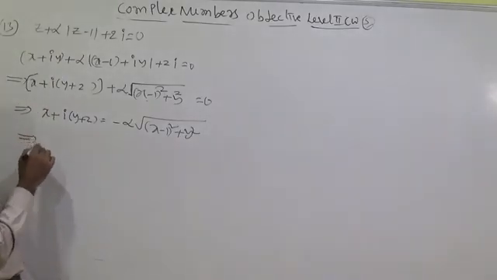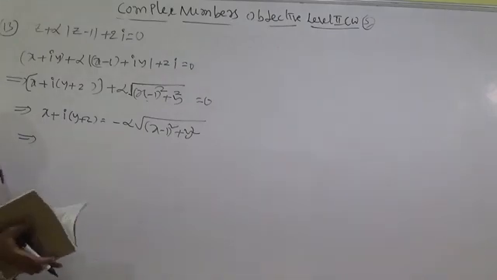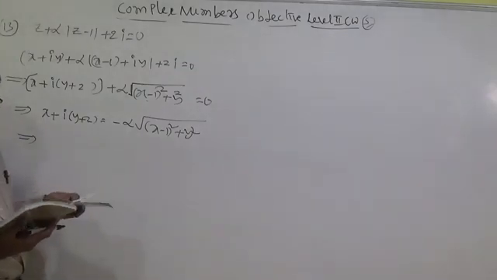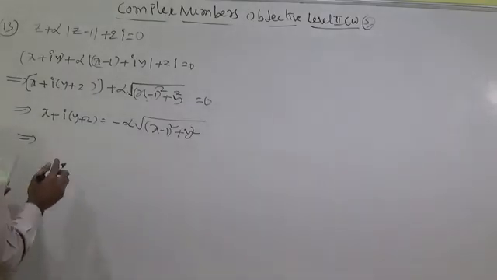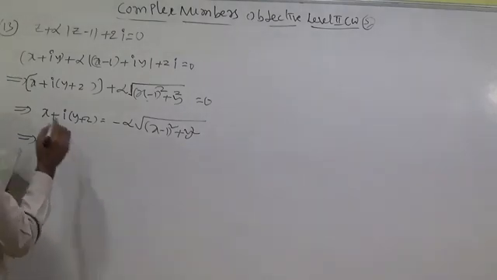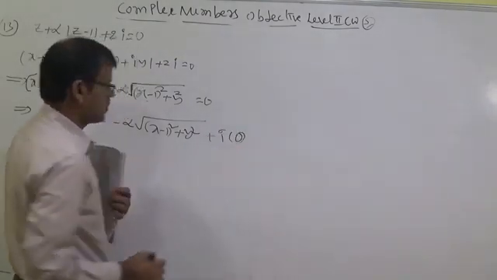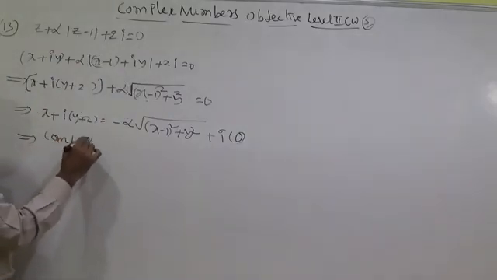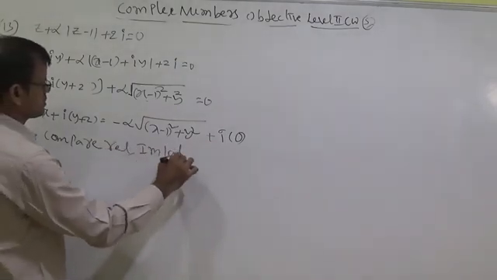He is asking the range of the real number alpha, so in terms of a quadratic equation in alpha we should get it. So better to take it like this: x plus i into y plus 2, with i into 0. Compare real and imaginary parts.